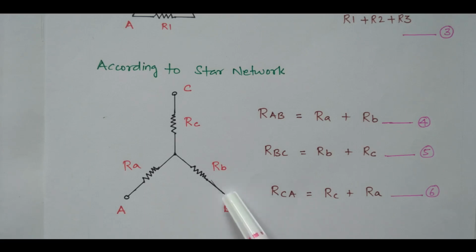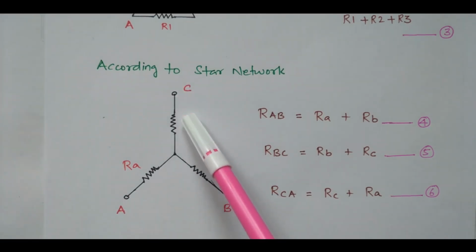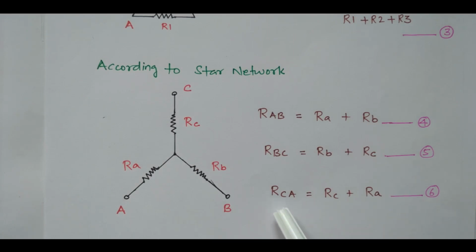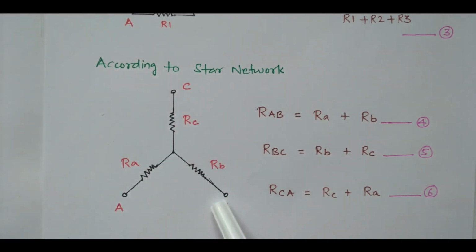The resistance between B and C, this terminal is not considered. Only B and C. What is available between B and C? RB plus RC. These two are connected in series. What about the resistance between C and A? Then this terminal is not considered. Between C and A, RA and RC are available. RC plus RA.